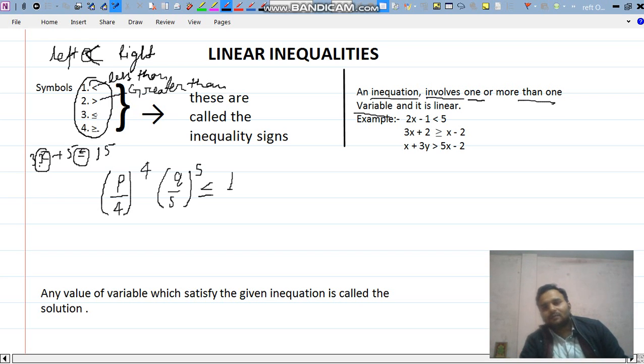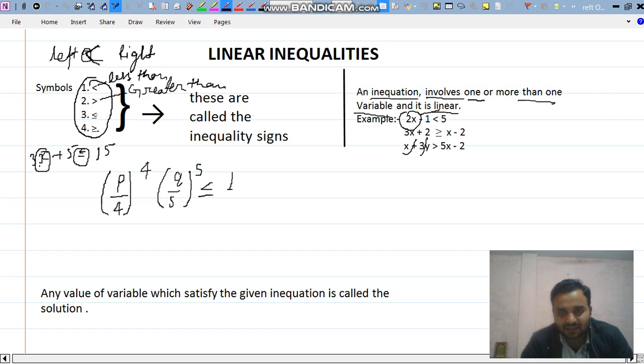that can involve one or more than one variable. If it involves one variable, then we say one variable linear inequation, and if it involves two variables x and y, then we say two variable linear inequation. We say this is linear because here the power is 1.